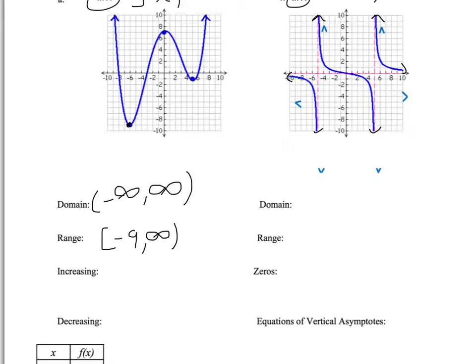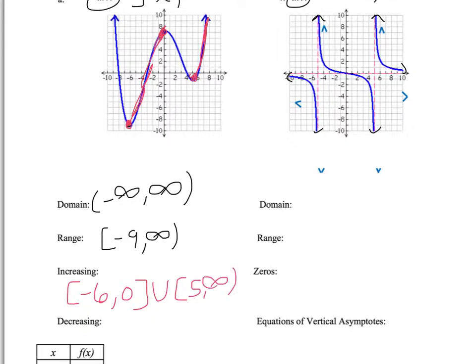That's the intuitive way to think about increasing, and you give the interval using the x values. If I change colors here, the function is increasing on this interval right there, and also on this interval right there. So that would be from -6 to 0, remember I'm using the x values of the coordinates, union the interval where it picks back up at 5 and goes out to infinity.